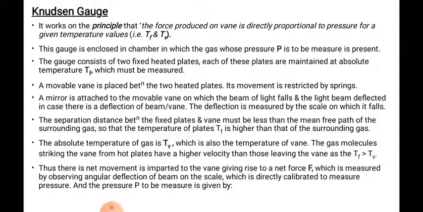The gas molecules striking the vane from the hot plate have a higher velocity. Means the hot plate, that is the fixed plate, and the molecules coming from it have a higher velocity than the molecules leaving the vane. Molecules coming from the movable vane will have a lower speed as compared to molecules coming from the fixed plate.